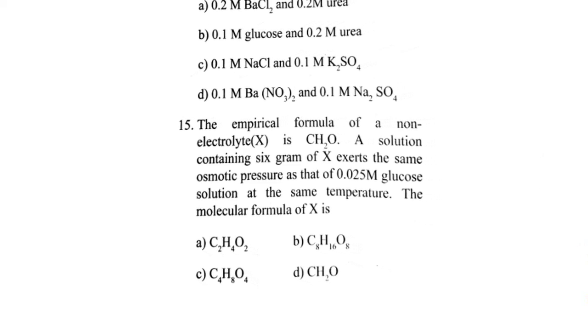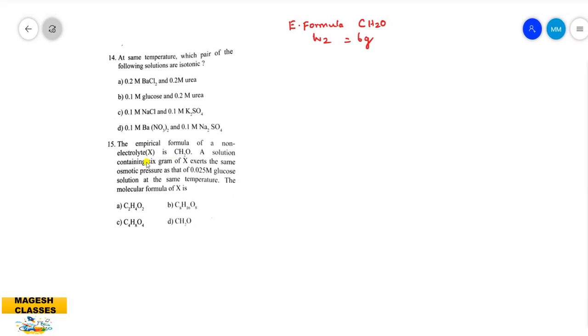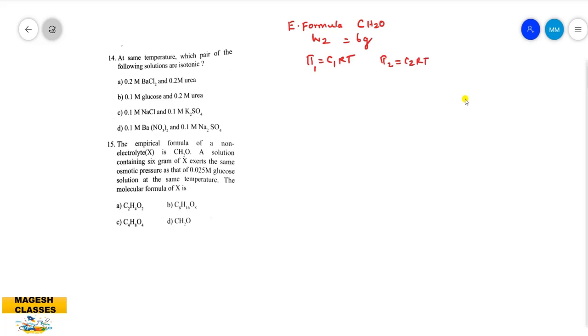It is given that the empirical formula is CH2O and the weight of the substance X is 6 grams. We know that the osmotic pressure is the same, so it is said to be an isotonic solution. So pi 1 is equal to C1 RT, and similarly pi 2 is equal to C2 RT. For an isotonic solution, pi 1 is equal to pi 2, or C1 is equal to C2.